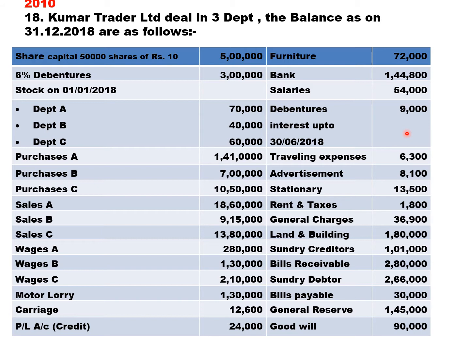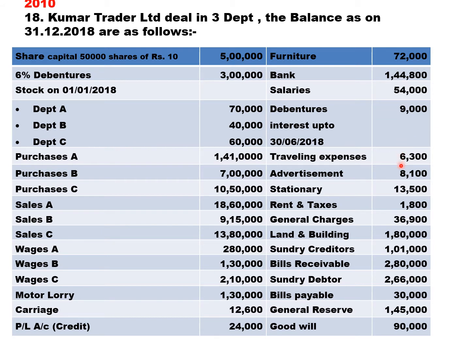So half the interest is paid and half is not paid. So take the full interest of 18,000, and the remaining unpaid 9,000 will come in the balance sheet.